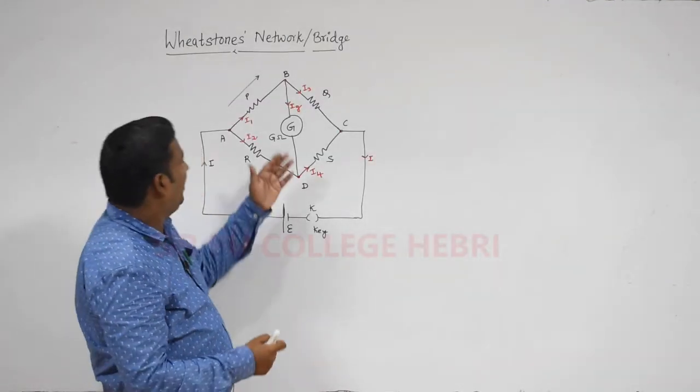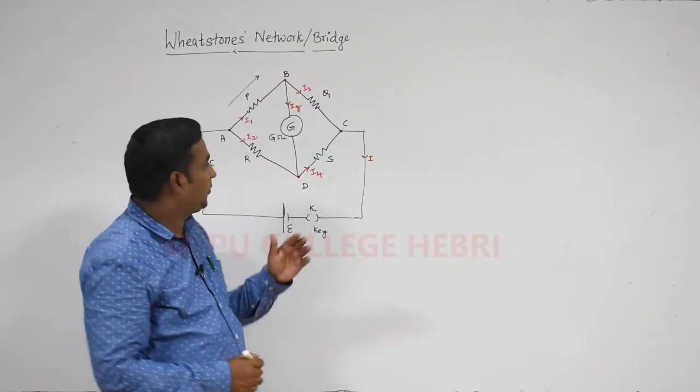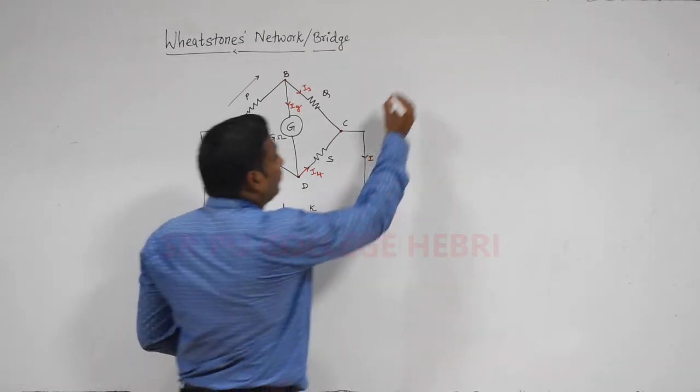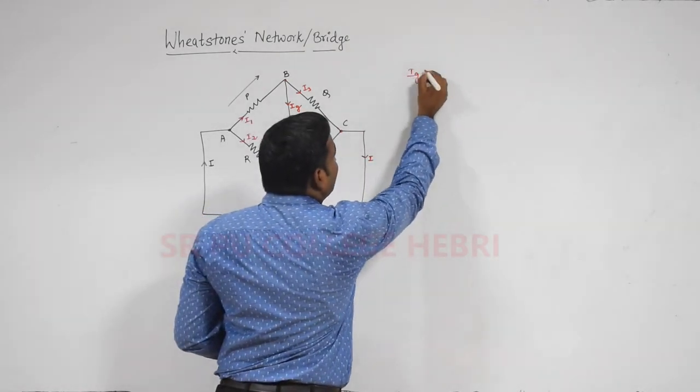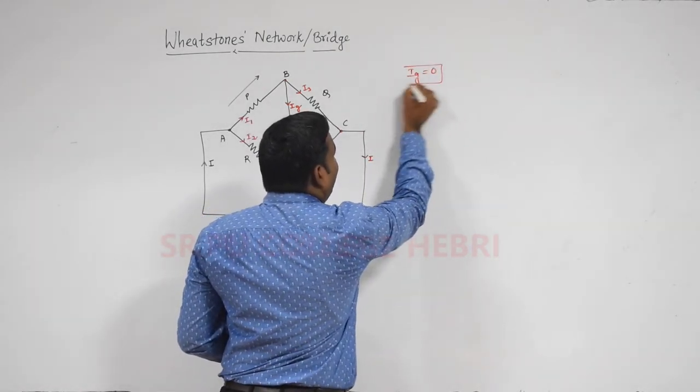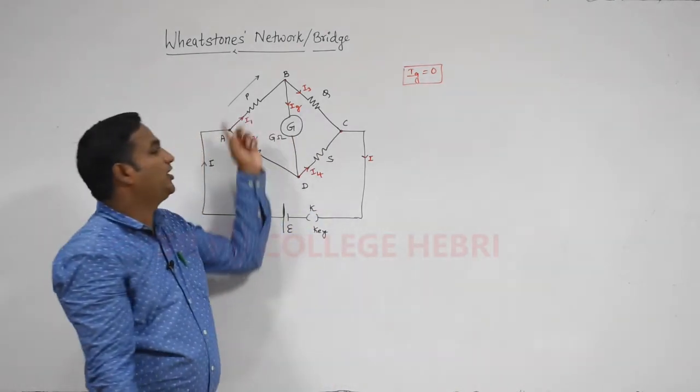Dear student, at the balanced condition, the current flowing through the galvanometer is equal to 0 by adjusting the values of P, Q, R and S.